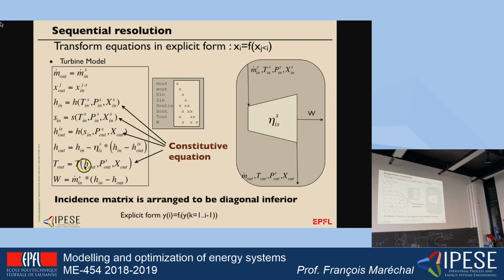Knowing the enthalpy at the outlet, I will be able, by using the constitutive equation and knowing the pressure and the composition, to calculate the temperature. And knowing the enthalpy at the outlet and the enthalpy at the inlet and the mass flow, I will be able to calculate the work that is produced. Okay? So now I have made a sequence of resolution to solve the problem, and I have transformed each one of the equations in an explicit form.